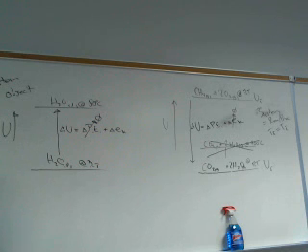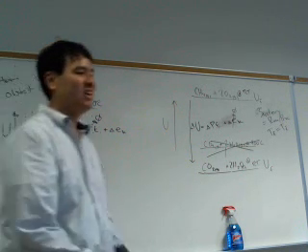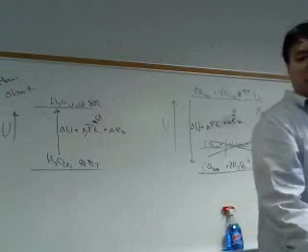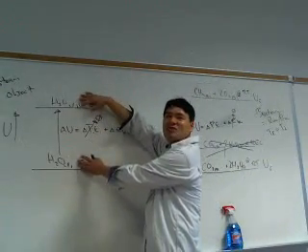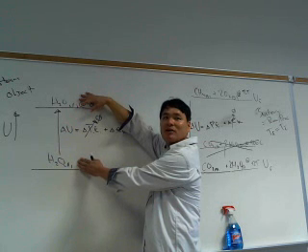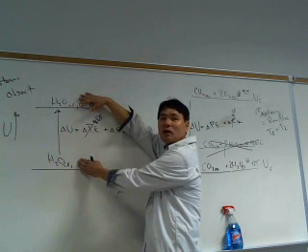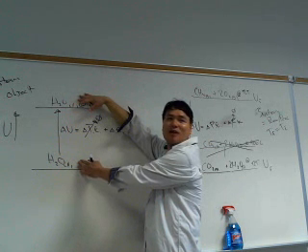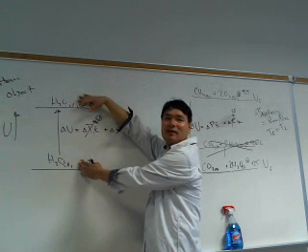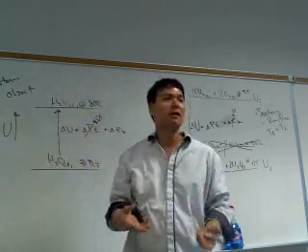Could you repeat one time why the change in potential is 0? Because it's just water. You start off with water, you end up with water. Is water more stable than water, or is water less stable than water? It's the same, right? Water is the same as water, therefore it's equal in chemical stability.